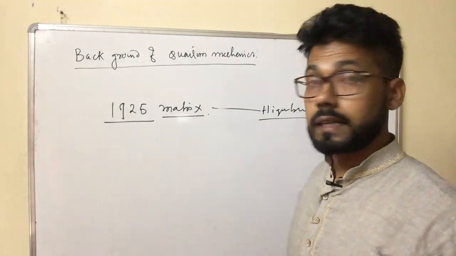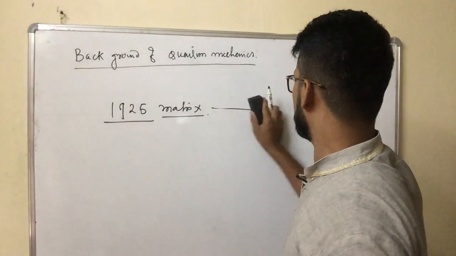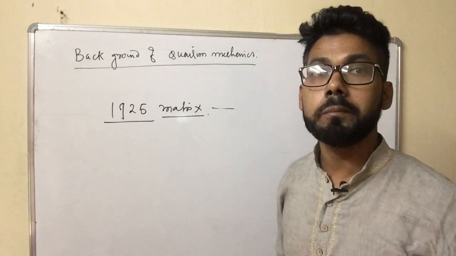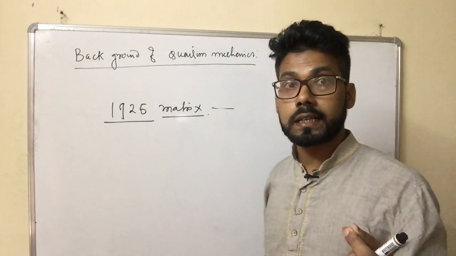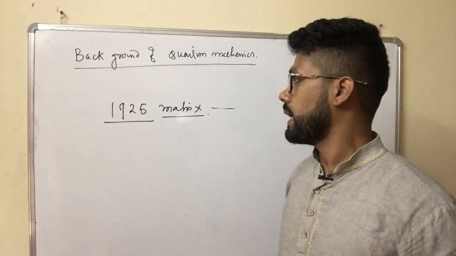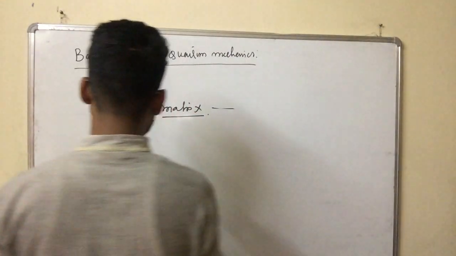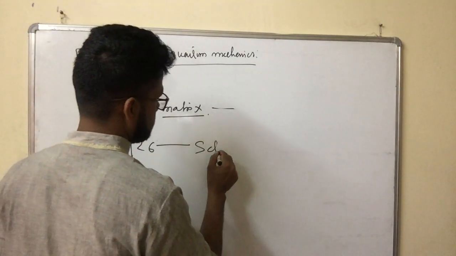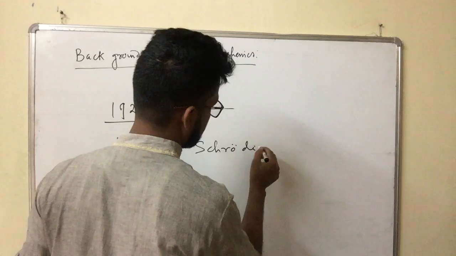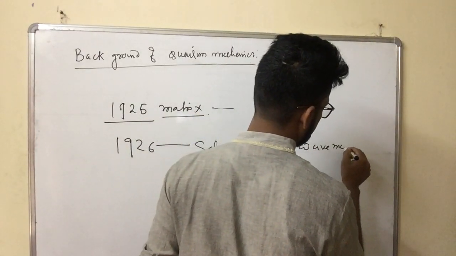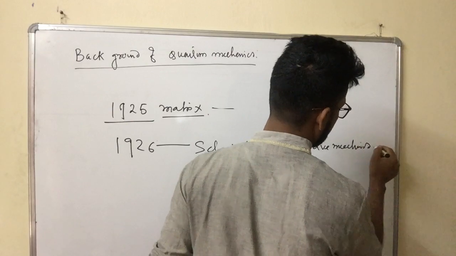Heisenberg provided the first quantum mechanical formulation in 1925, known as matrix mechanics. This matrix mechanics is valid only for discrete systems, not for continuous systems. And after one year, in 1926, Schrödinger provided wave mechanics. That's what we are going to study in the later course.